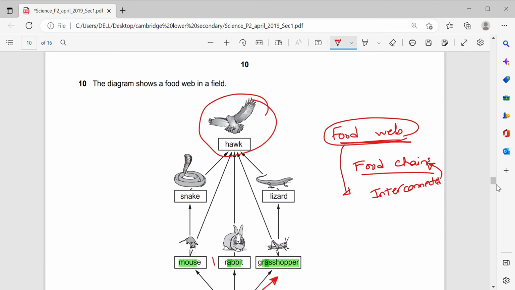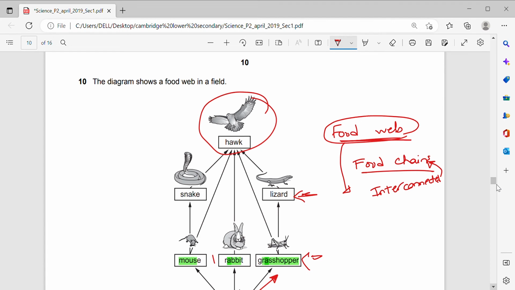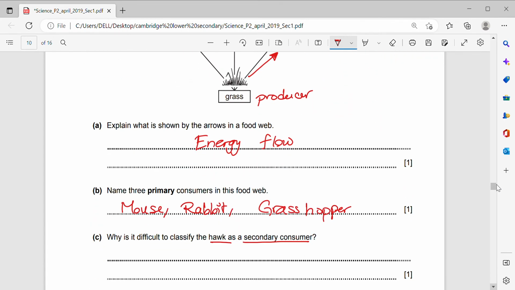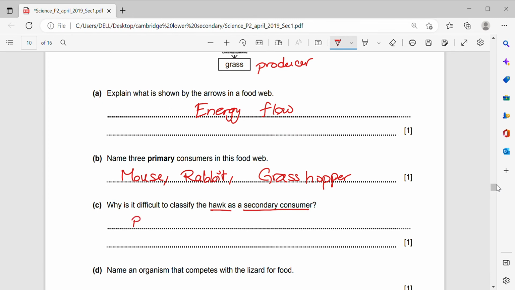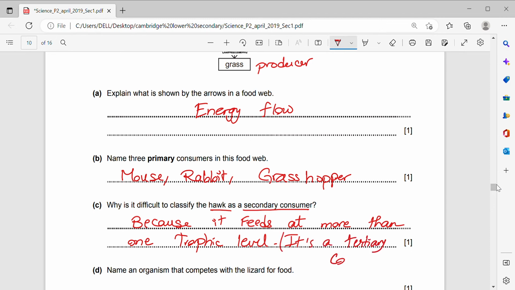Because it feeds at more than one trophic level. So we can say the hawk is considered a tertiary consumer because it feeds at more than one trophic level.